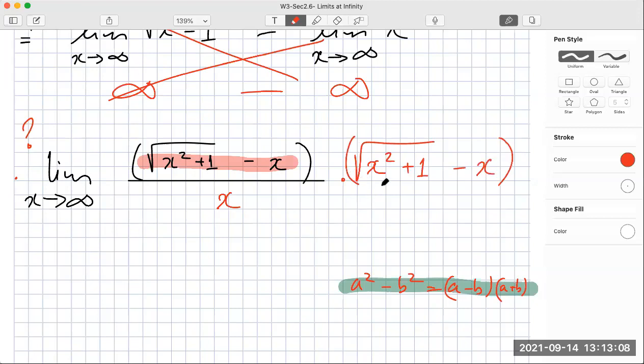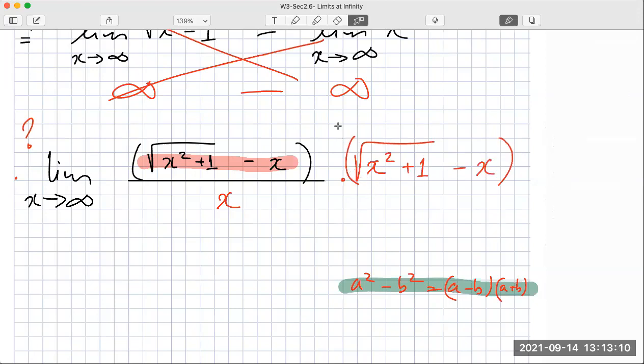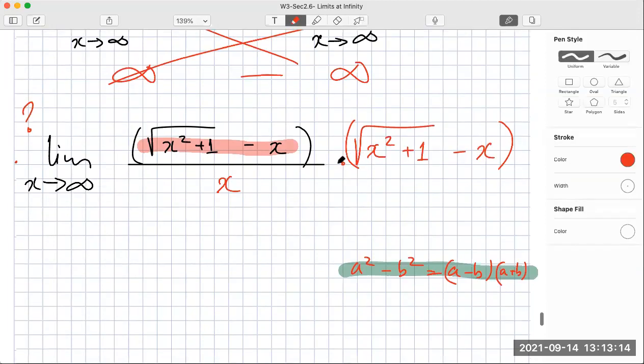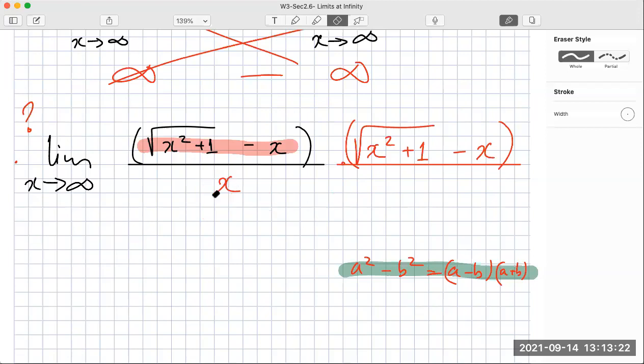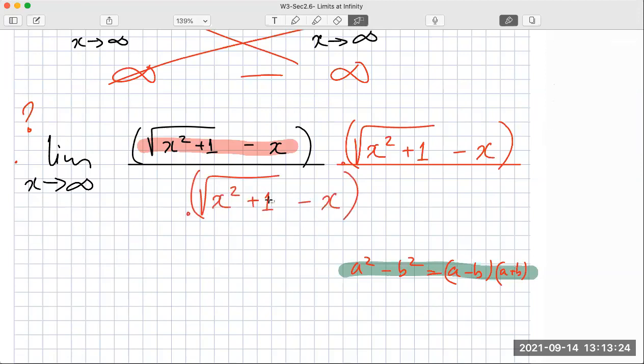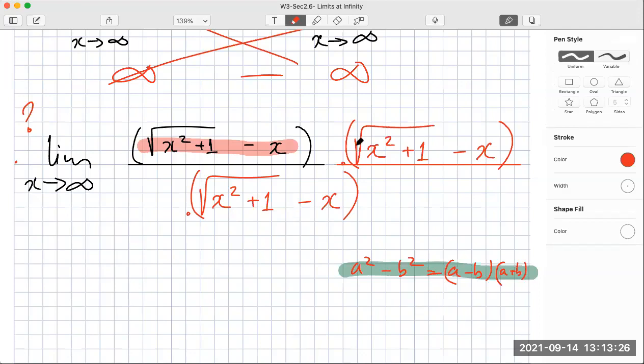We somehow multiply with this term. It changed the problem. Therefore, we must divide it by the same thing. When we multiply with something and divide it by itself, nothing's changed, right?